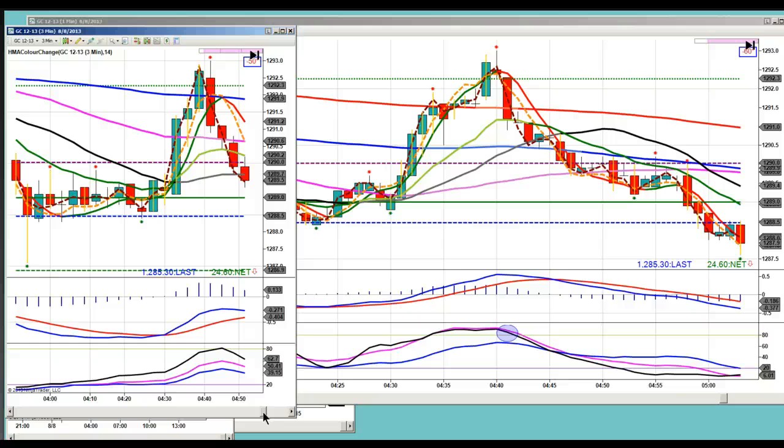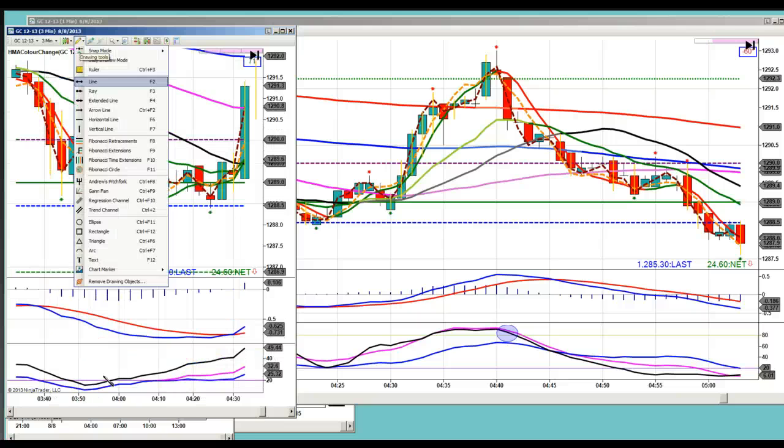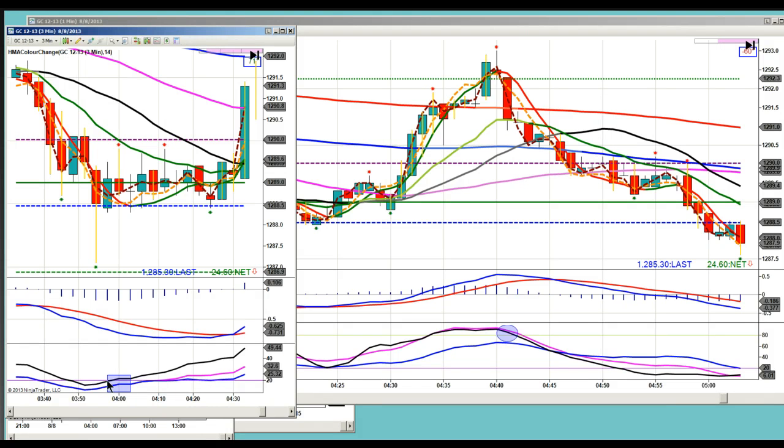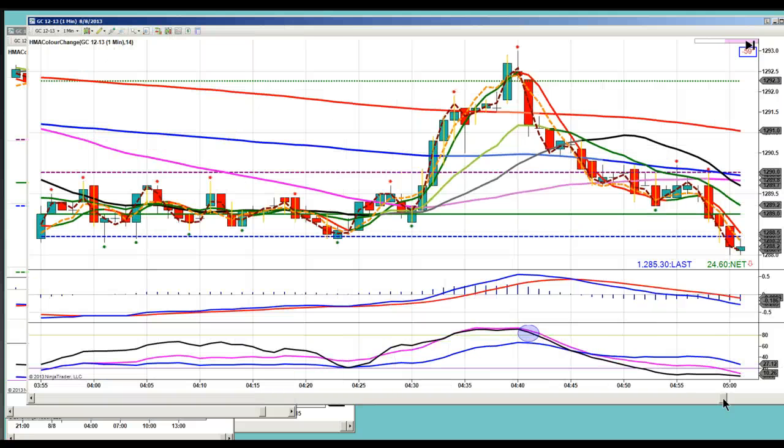But when I look at these here, where the 3-minute STOs are below the line or above the 80 line, and I go to my 1-minute chart, it's at 4 o'clock.